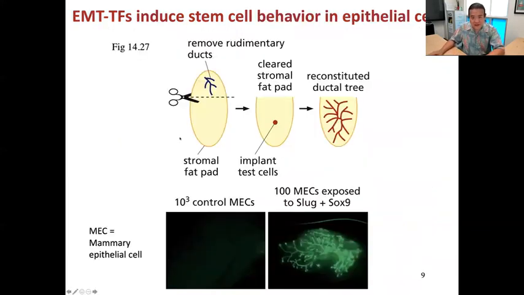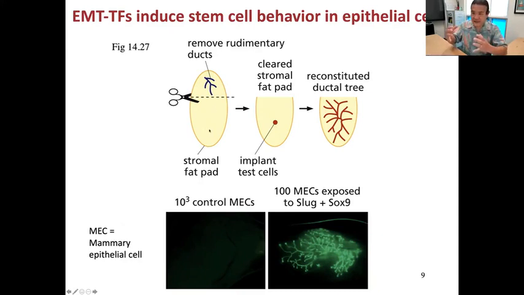So you can see here, here's an experiment looking at how EMTs can induce stem cell behavior in cells that are growing in more of an in vivo environment. So this is a stromal fat pad. So this is some tissue taken from a mammary, right? Mammary tissue.